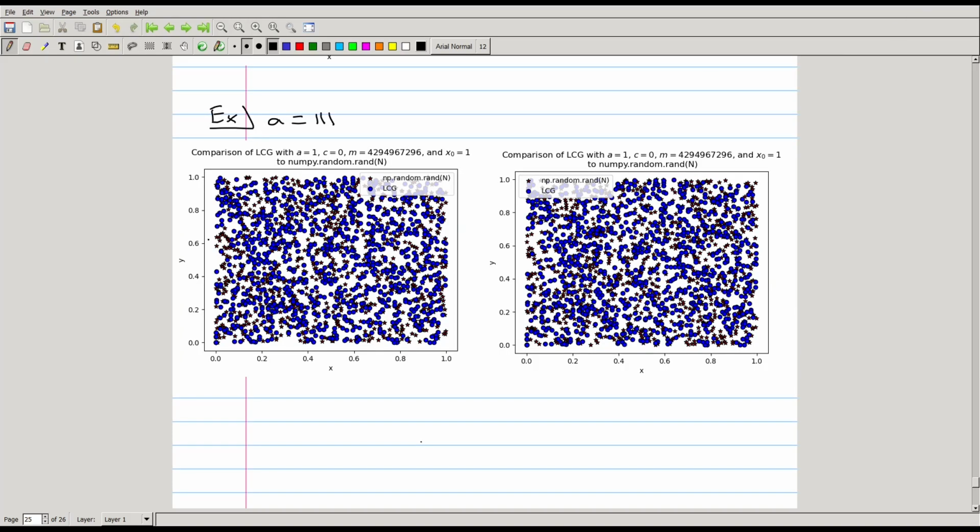And sure enough, for a equals 111, if we get up to this value of a, the plot that we're seeing here is definitely not distinguishable by my eye from the plot of stars. So these are the circles here compared to the stars, and we're getting something that appears to be a truly random distribution.